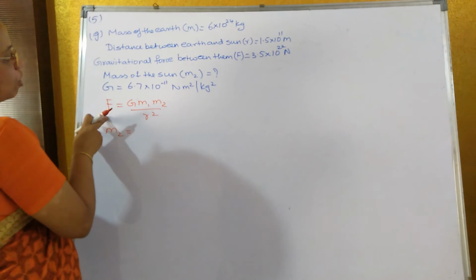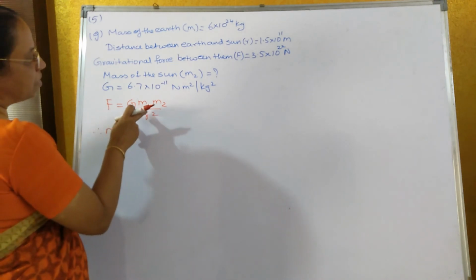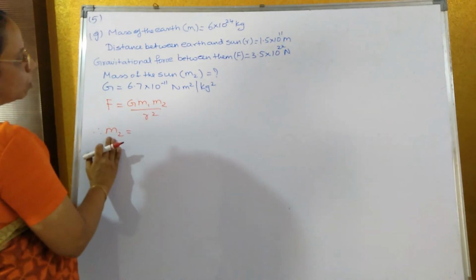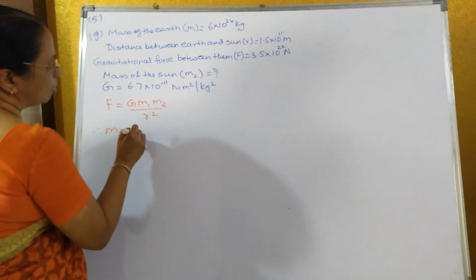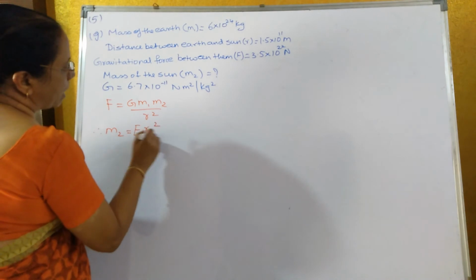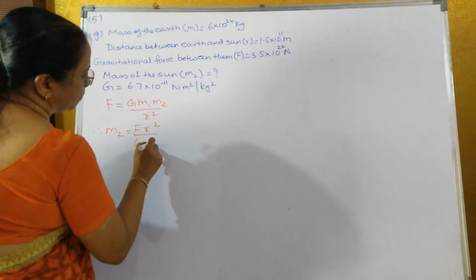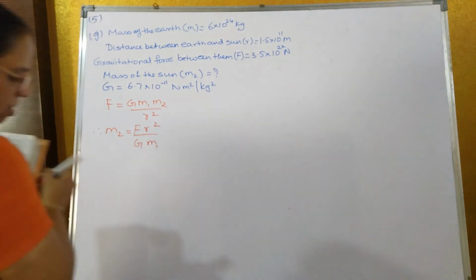Now it's the same formula you have to use, F is equal to G m1 m2 upon r square. But we have to find out m2, so keep the m2 alone and shift everything on the other side. You'll get m2 equal to F r square upon G m1. Now put the values.